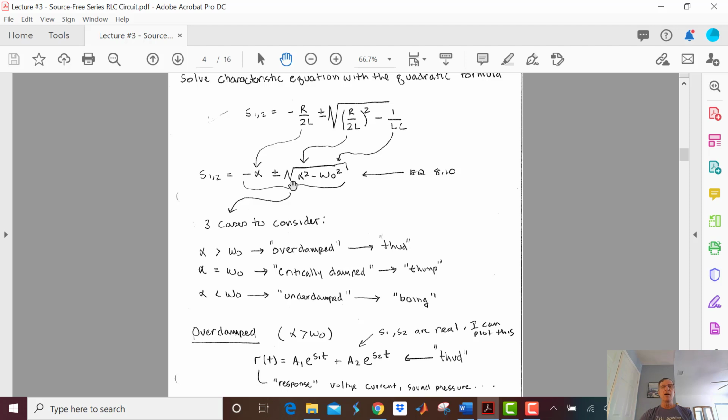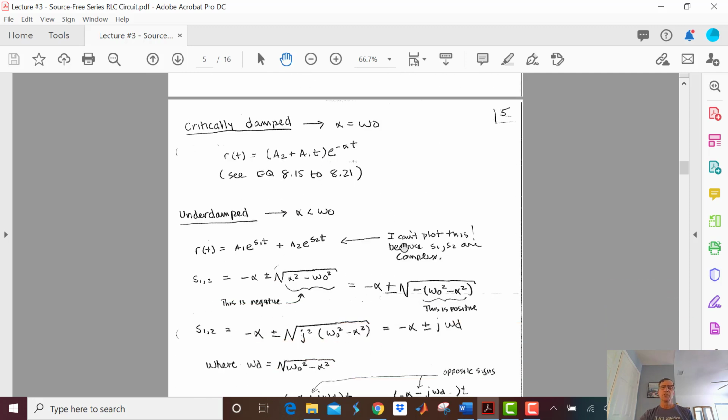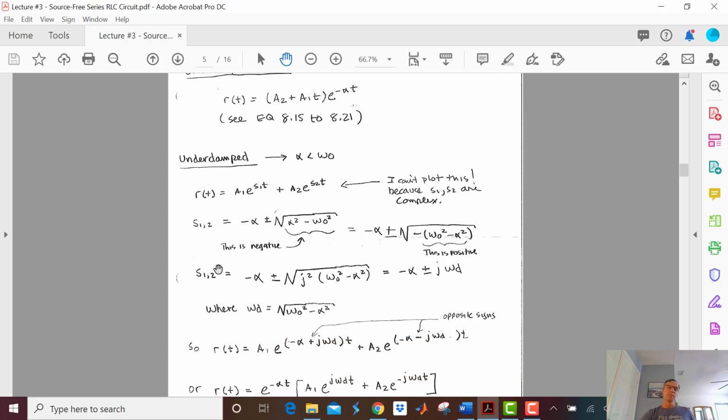Because alpha is less than omega naught, so I'm taking the square root of a negative number, and I get a j. So what I'm going to do is what the seagull at Moonlight Beach does. I haven't given you that analogy yet, but I will eventually. I'm just going to start working with it and see what happens.